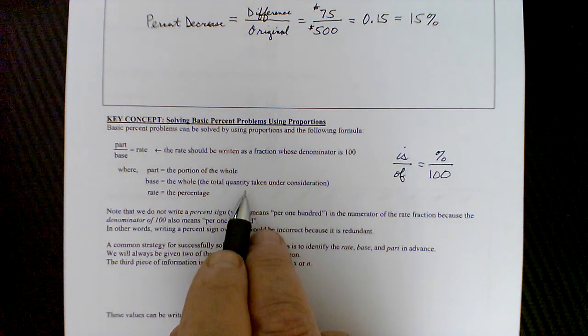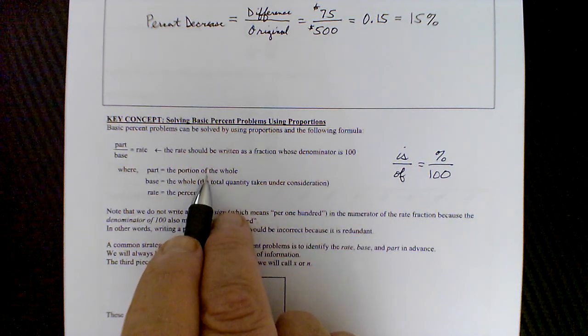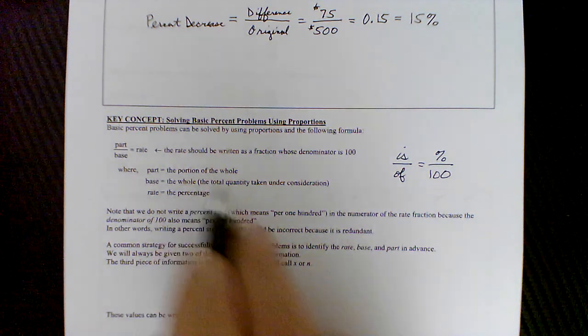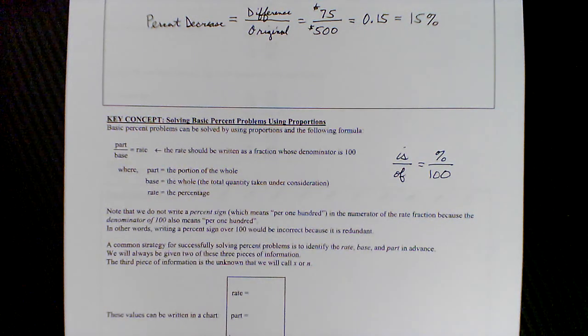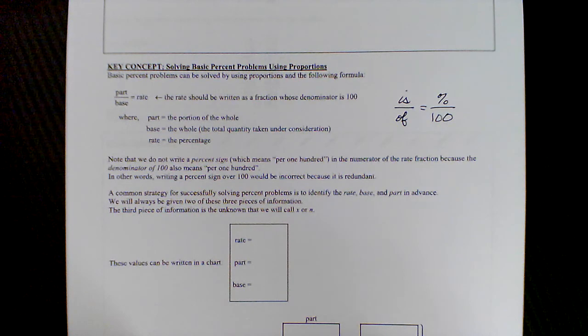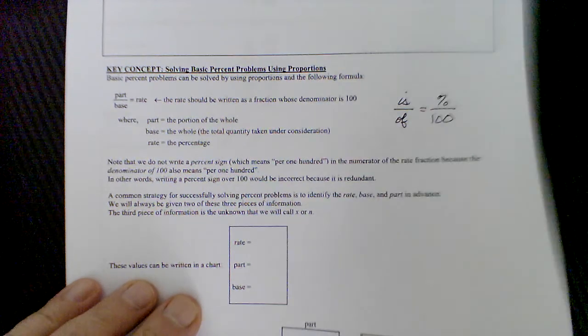And then the sales tax that you pay is the part, or the portion, that would be added to the base to get the total price that you're paying. So we have the formula, part over base equals percent over 100. So that's our rate, the percentage, written over 100.